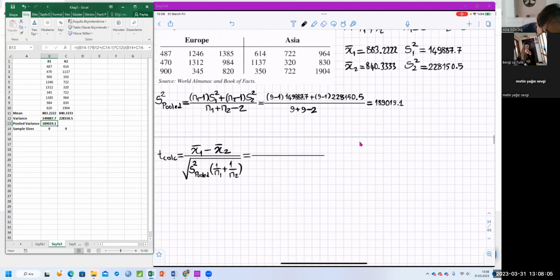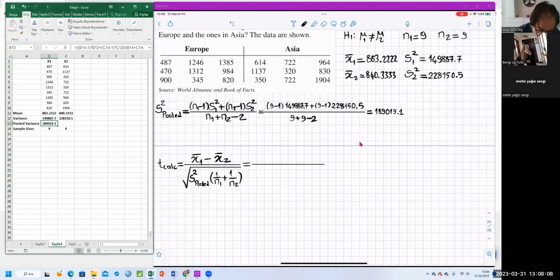There you go. X1 bar and X2 bar are right here, so I can easily substitute the results: 883.22 minus 840.33.